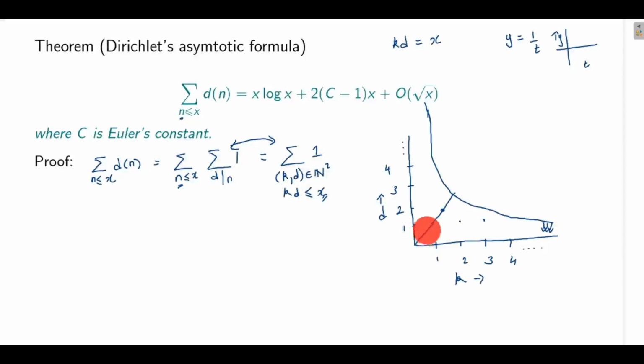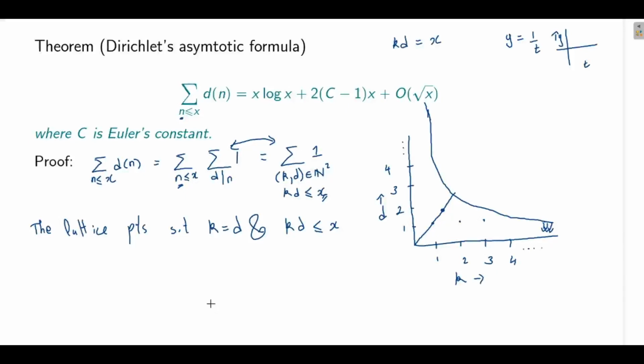Let us first see how many lattice points are on the line. The lattice points here should satisfy the equation k equals d, and they should also satisfy the inequality kd less than or equal to x.